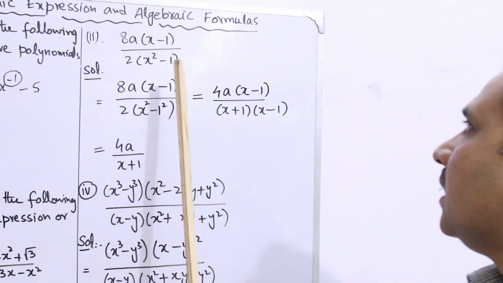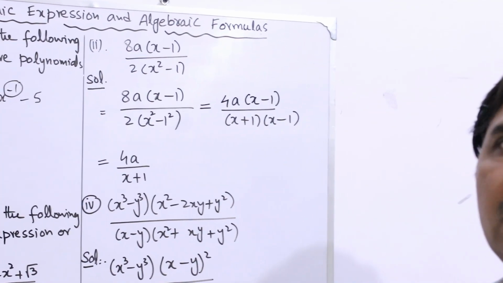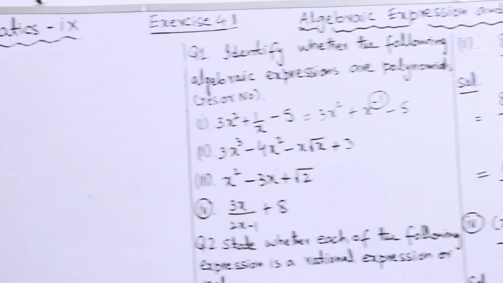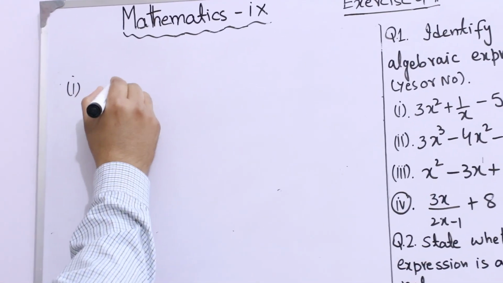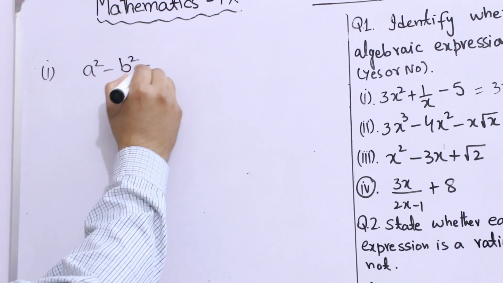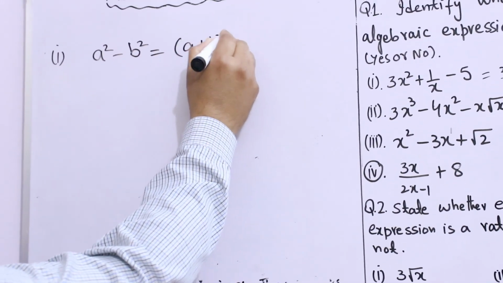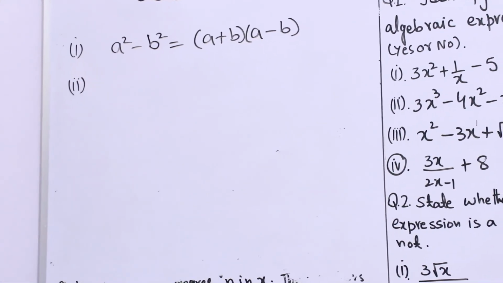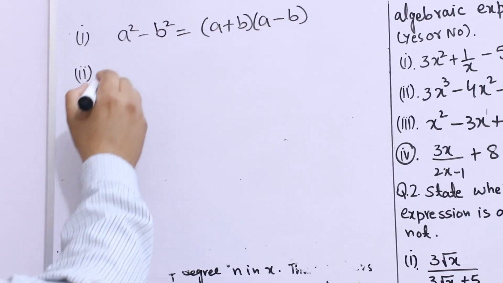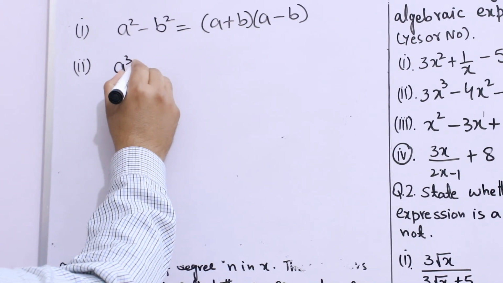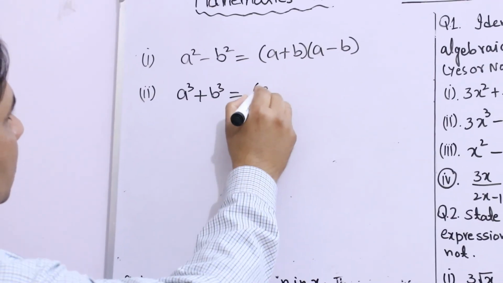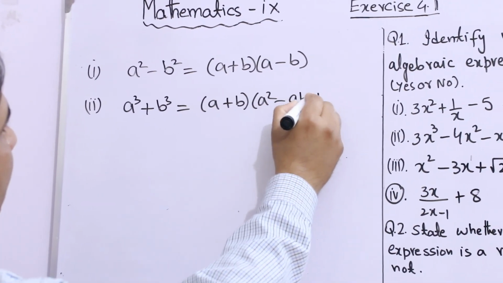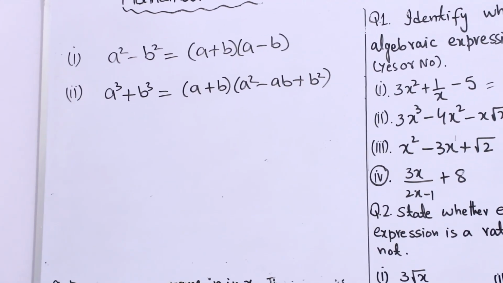So before starting part 2, we must know the formulas. The first formula is a square minus b square is equal to a plus b times a minus b. We use this formula. Second, a cube plus b cube is equal to a plus b times a square minus ab plus b square.